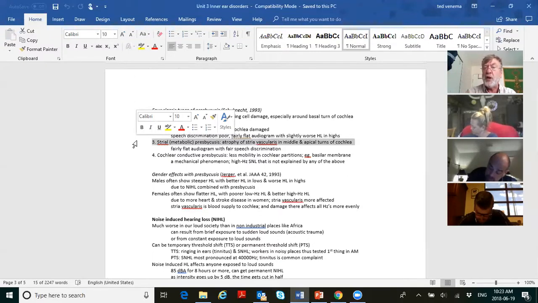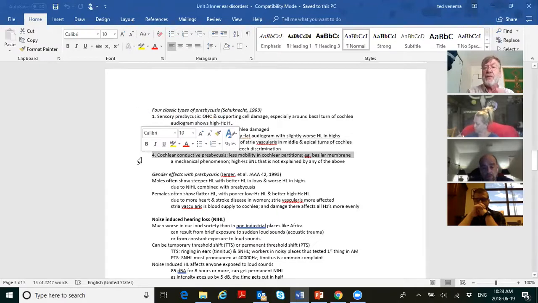And that's why strial presbycusis is fairly flat. Strial presbycusis is more common in women than in men, because women have more susceptibility to heart disease than men. So in elderly women, there will generally be a bigger population with strial presbycusis than in men.